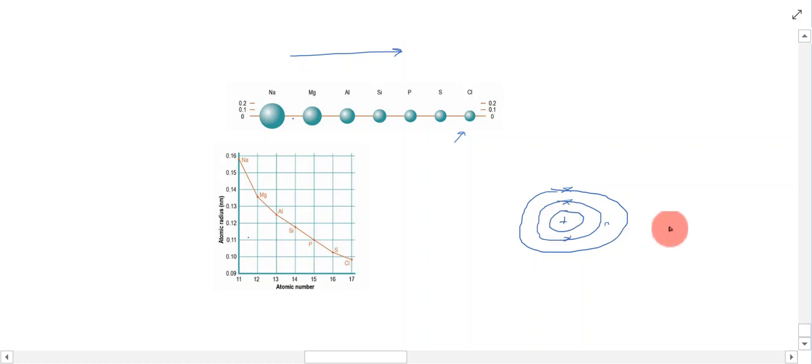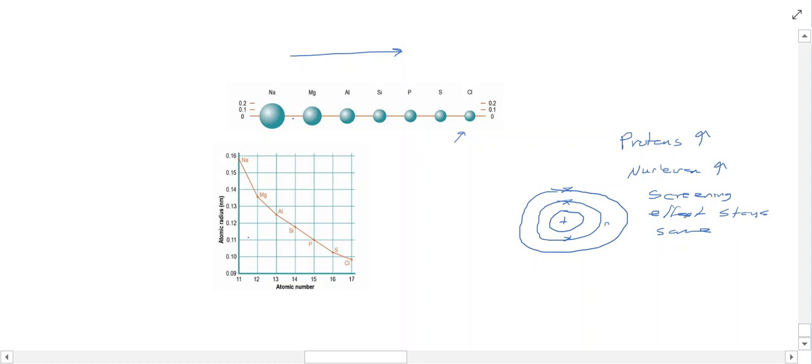But as you move from left to right, the number of protons is increasing, and if the number of protons increases, the nuclear charge increases, but the screening effect stays the same, because we have the same number of energy levels occupied.